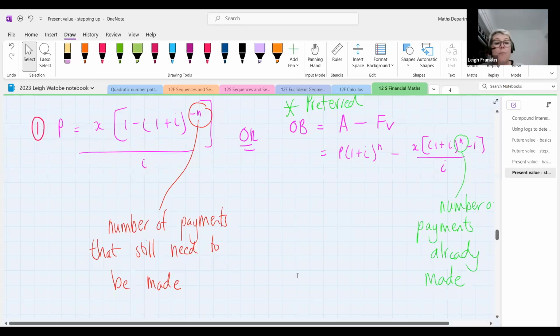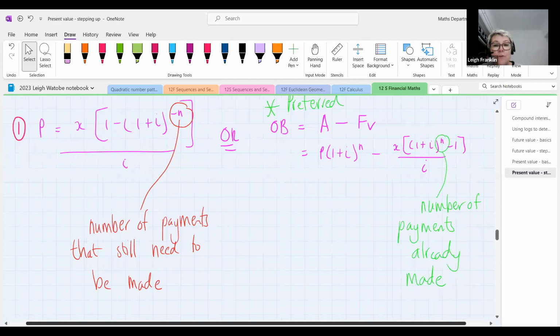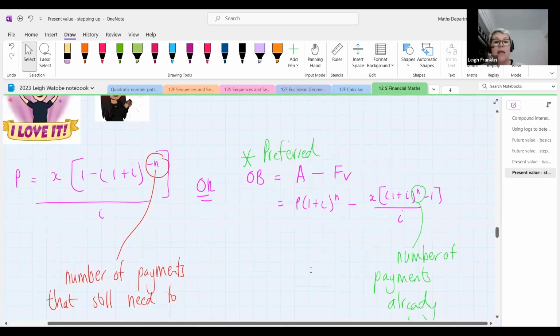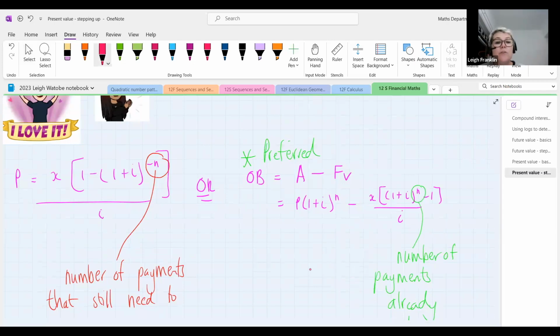Or our preferred method of calculating outstanding balance is to use this. The second method is outstanding balance equals A minus future value. So A is the value of our loan minus the future value of our payments.